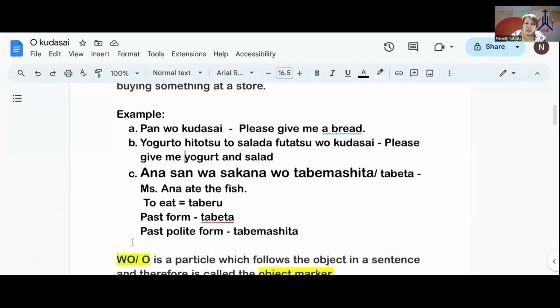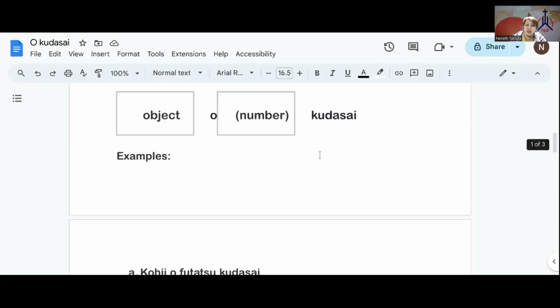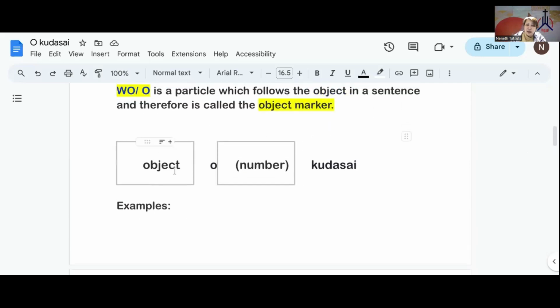Please give me one yogurt and two salad. Yogurto hitotsu. Okay, this is one, the generic counter. Hitotsu. Futatsu is two. So, please give me one yogurt and two salad. So, this is your pattern.